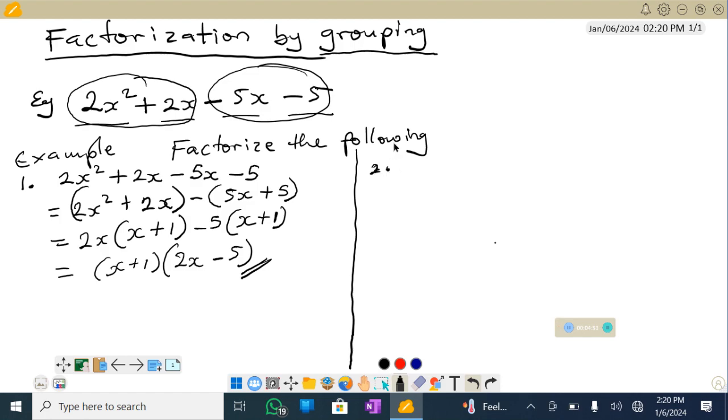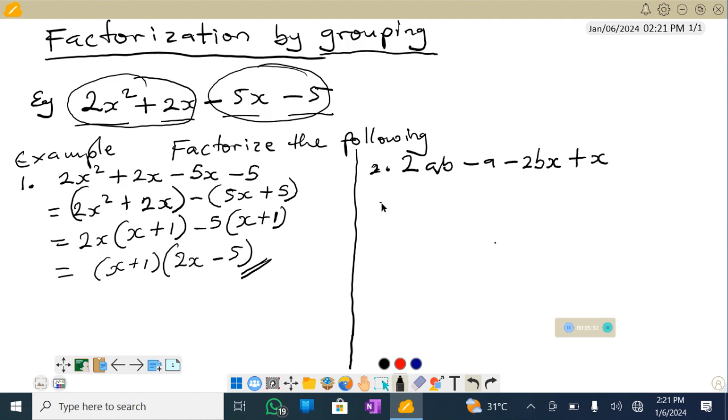The second one, if we have 2ab minus a minus 2bx plus x. So we need to group also, so we have to group these two, then we have to also group these two.